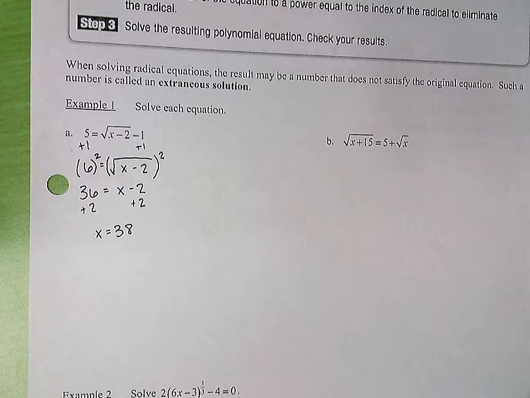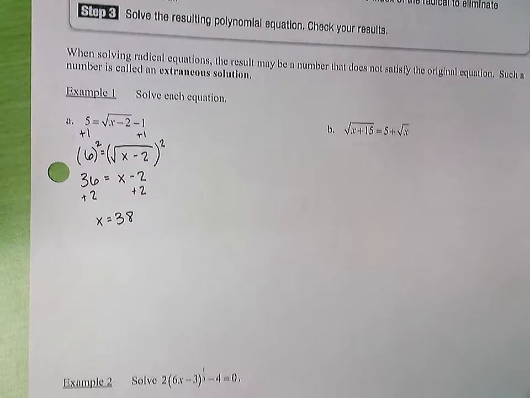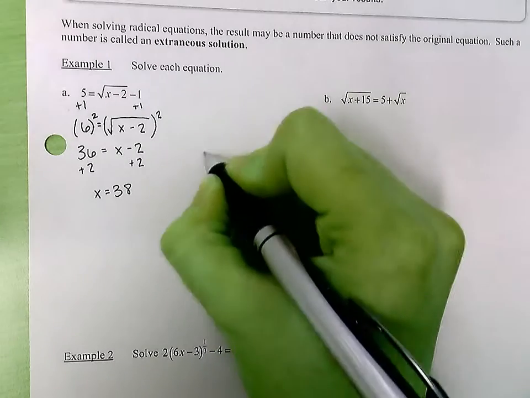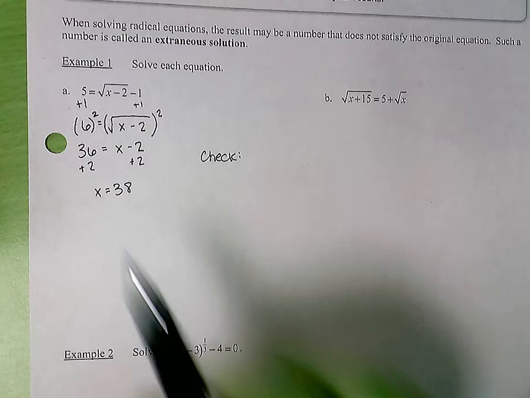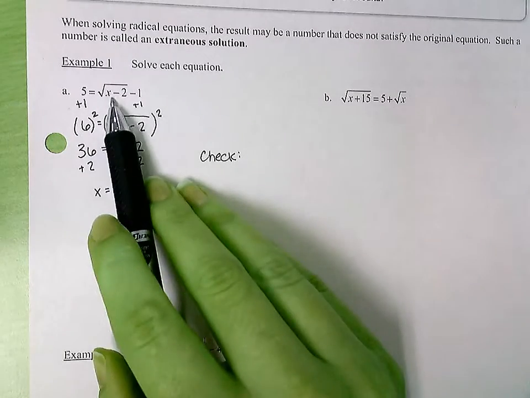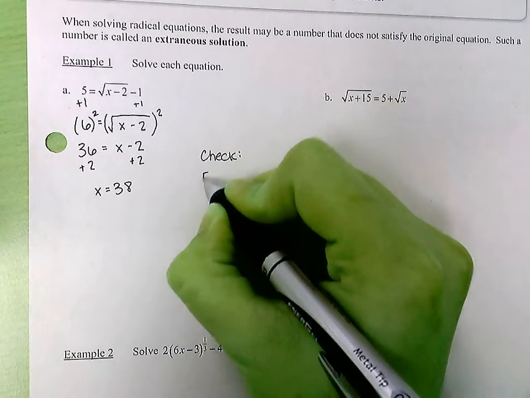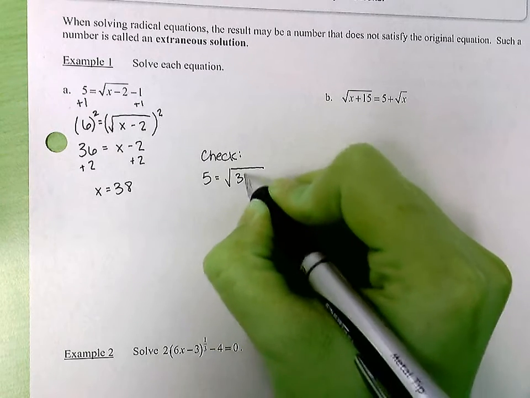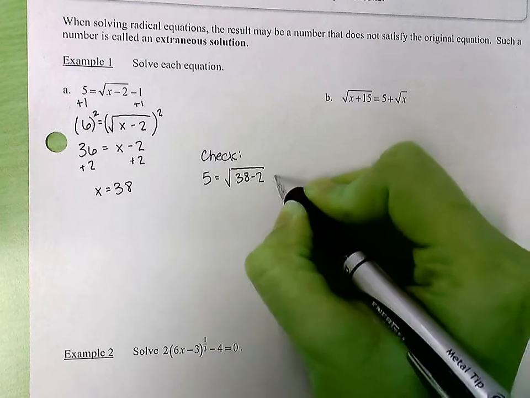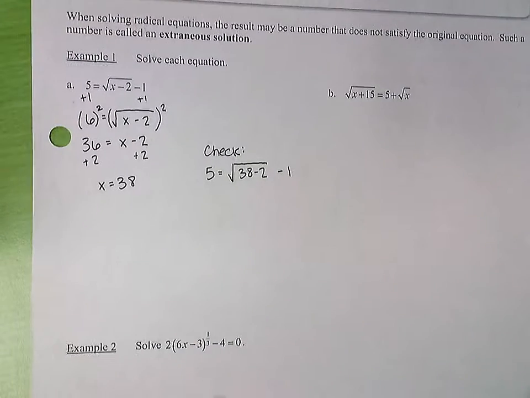Now you do need to check that answer. That's part of this process, to check your answer. So I'm going to plug in 38 for x in my original. So I have 5 is equal to the square root of 38 minus 2, minus 1.